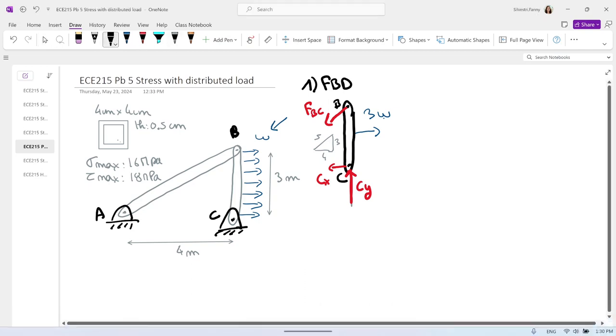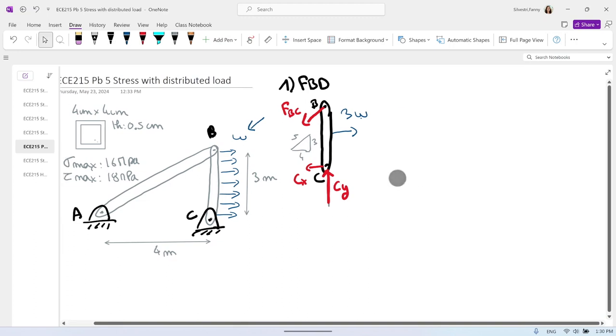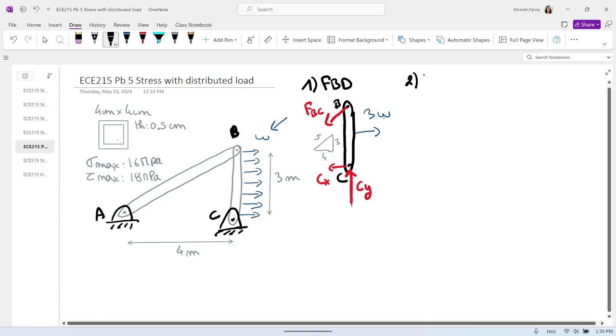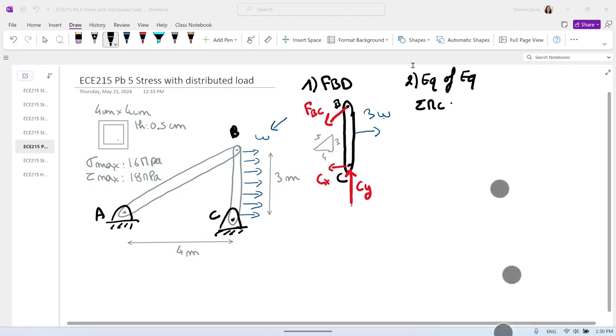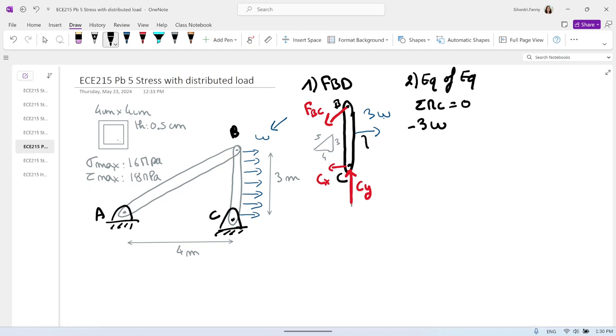So let's solve for that. What do we do when we have a pin connection with two unknowns at C for the equations? Remember, let's do the equations of equilibrium, and we will start with the sum of the moments about C equals 0. So what do we have? We have 3W, which creates a negative moment, times the distance there, which is 1.5 meters.